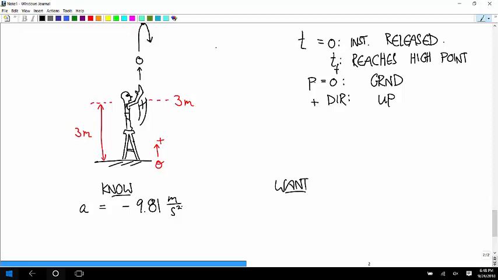But remember, that is the acceleration no matter what's happening. If the thing's in free fall, what changes is the velocity. The velocity on the way up is positive, on the way down it's negative. But the acceleration, gravity's always just pulling down on it, making an acceleration down of 9.81. Okay. Do we know the initial position?